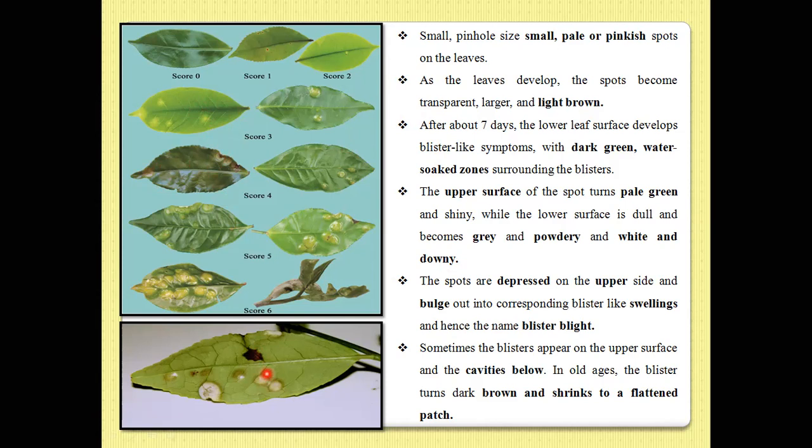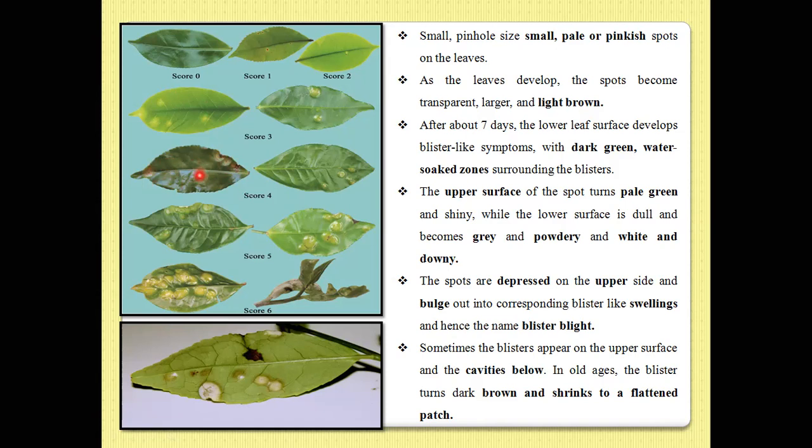With the development of the leaf and shoot portion, these yellow or pinkish spots become transparent and larger, and generally light brown in color. These are the light brown spots or lesions seen on the leaf portions.